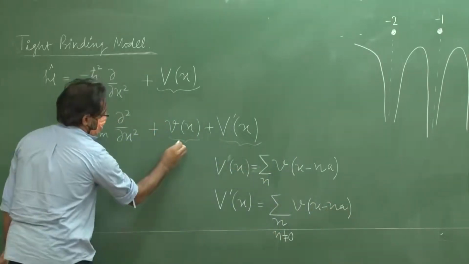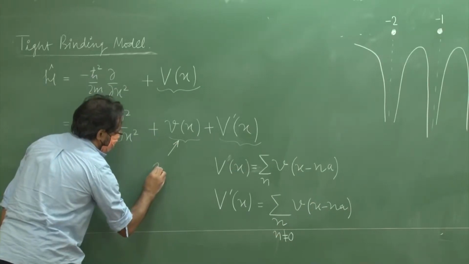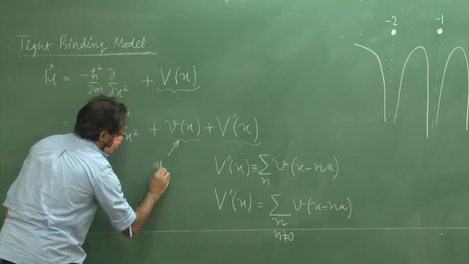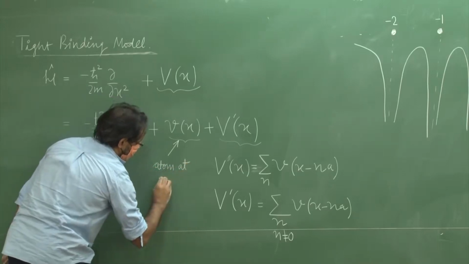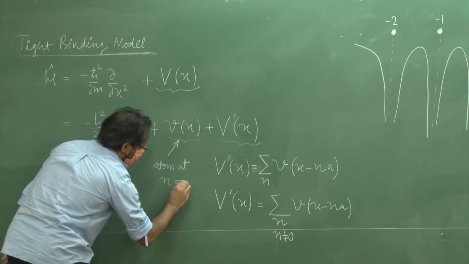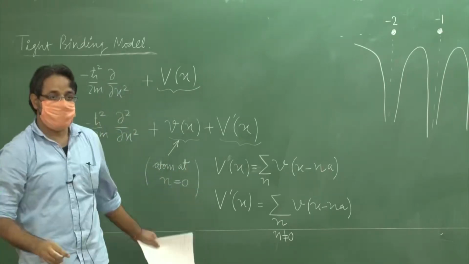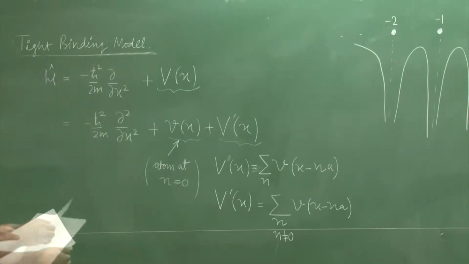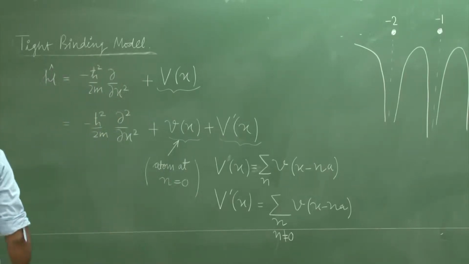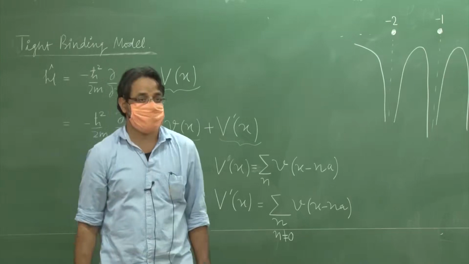So this is the potential seen by the electron due to the atom at n equal to 0. Is this clear? Does it make sense? So can someone help me draw V prime x? What will be the graph of V prime x?